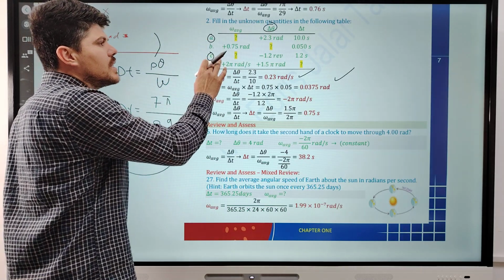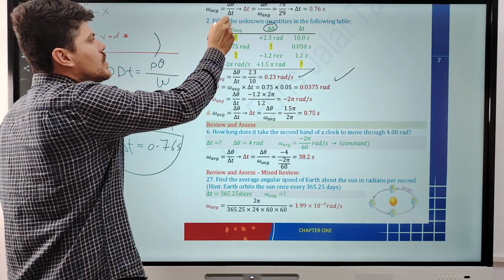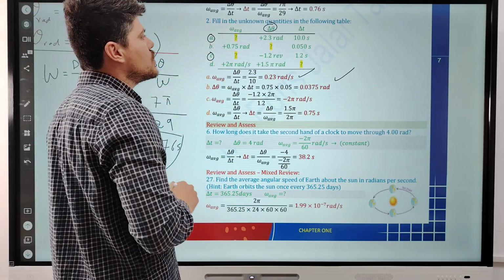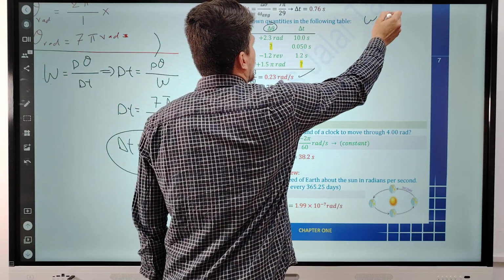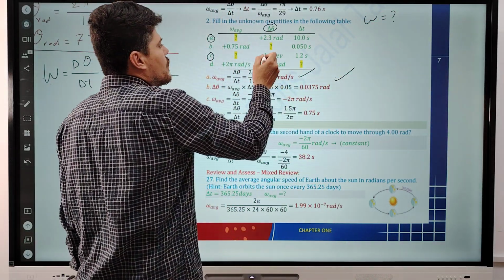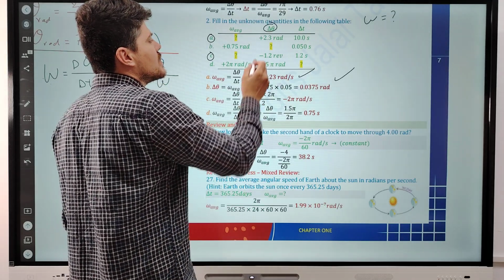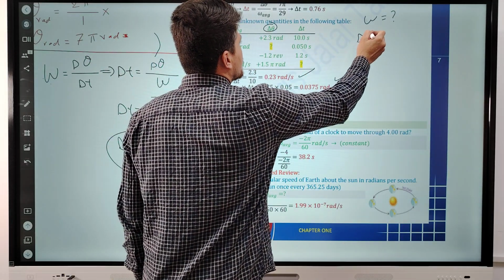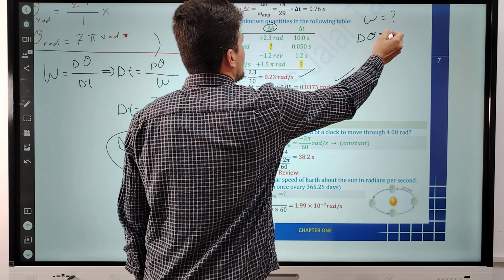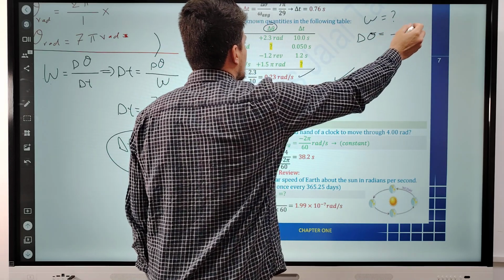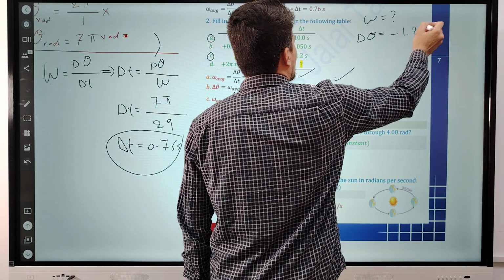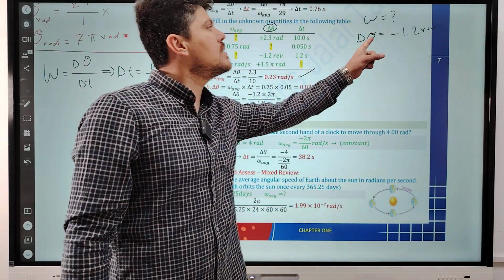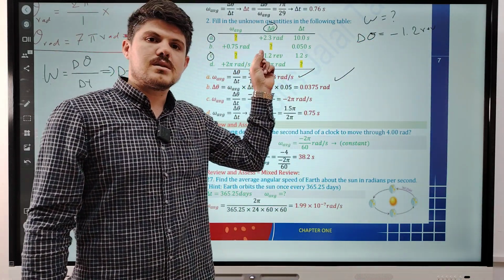Look at branch C and be careful, please. What is unknown? What is hidden here? The hidden quantity is the average angular speed. So what is this negative 1.2 rev? This is the angular displacement. What does the negative sign indicate in this value?